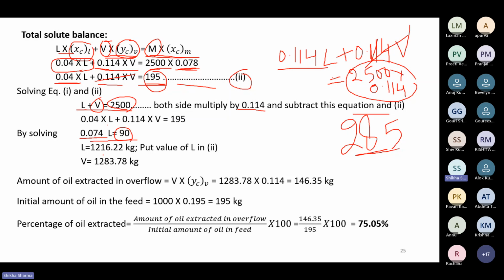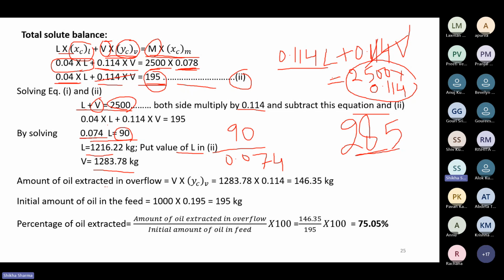So L will be 90 divided by 0.074, which is 1216.22 kg. Now the value of L we can put in equation 1 and solve for V, which is 1283.78 kg.